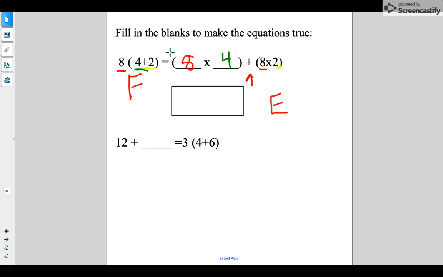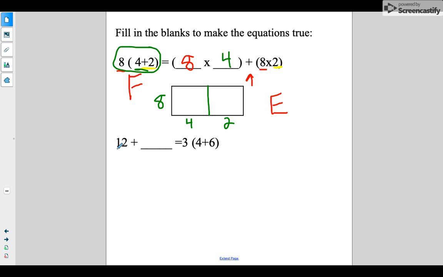So if I wanted to draw this original expression that they gave me, it's an 8, and the bottom would be 4 and 2. And if you look, this 8 by 4 is right here, and then the 8 by 2 is right there. So the visual can also help you.